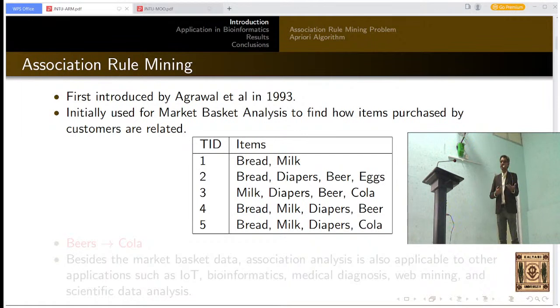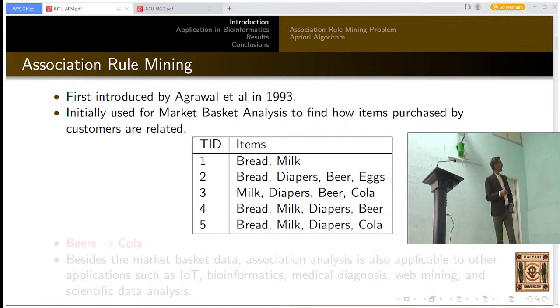You have a data set, and you want to extract some knowledge out of it which is not visible to the naked eye. If you just look into the data set, you cannot find anything very relevant. But when you apply mining techniques like association rule mining, you can extract some interesting associations among the different items, like which items are being purchased together frequently.